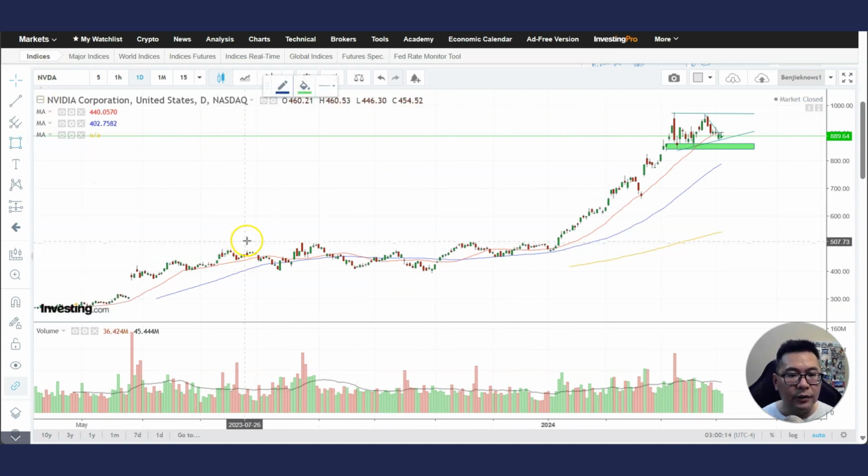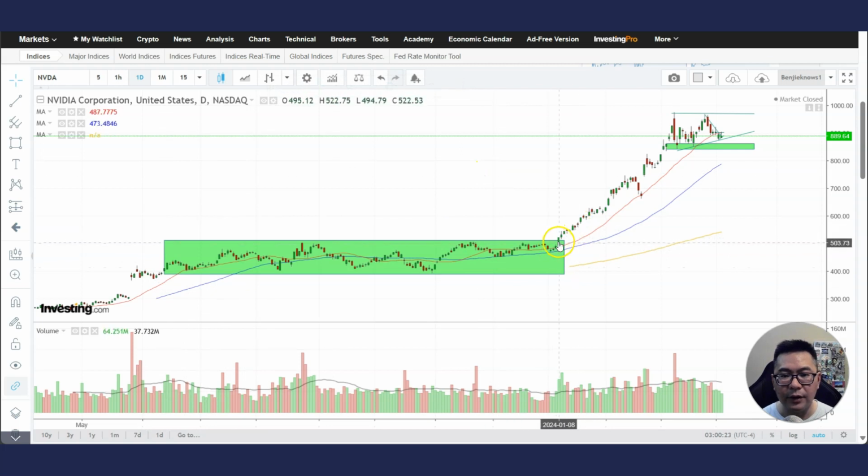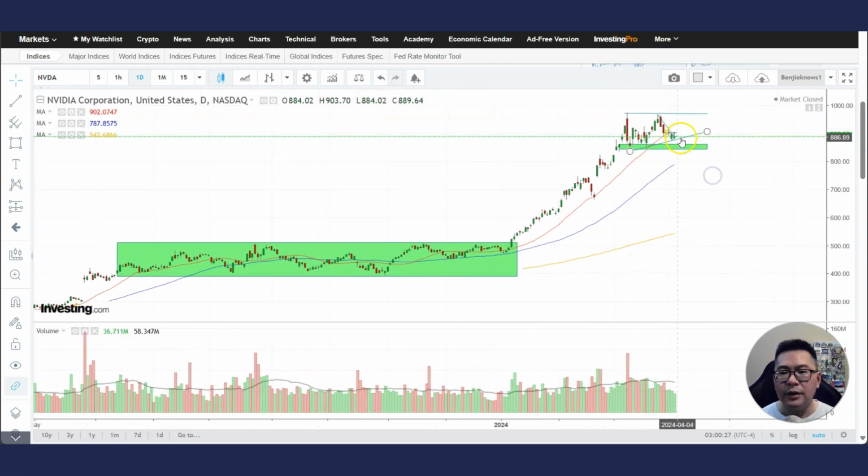The longer the base, the greater the breakout. This is a long base here. And you can see after the breakout of the base, the stock rose a lot. So at this moment, it is very difficult to trade, especially if it's in a base. You need to go in and out fast. So in this kind of environment, you have to be patient.